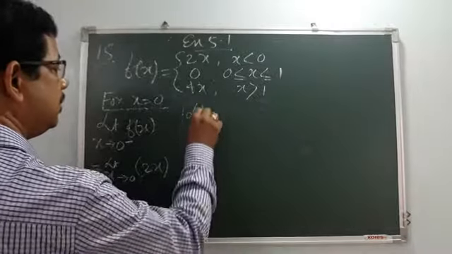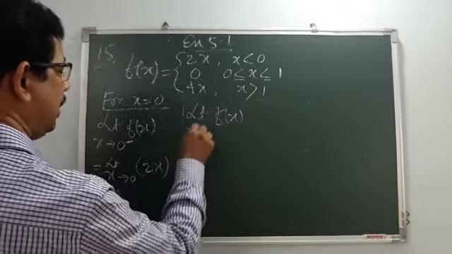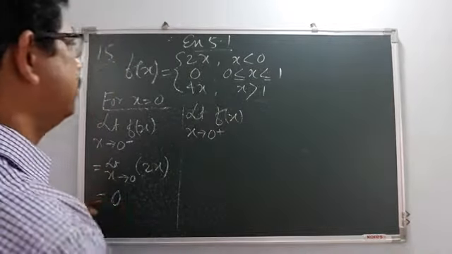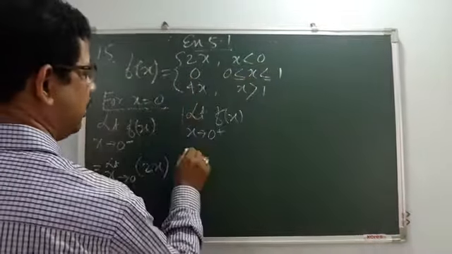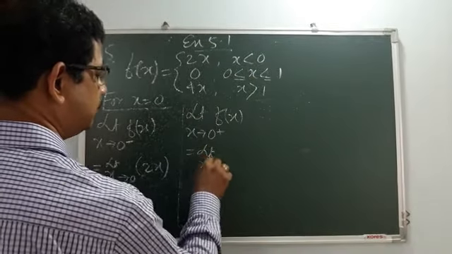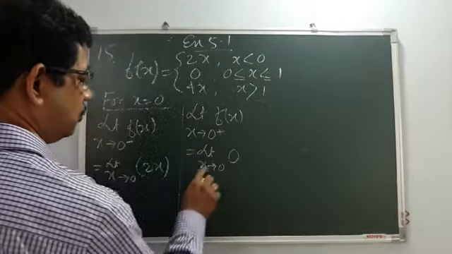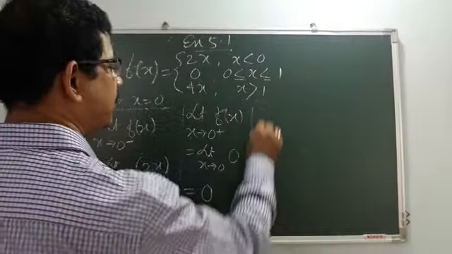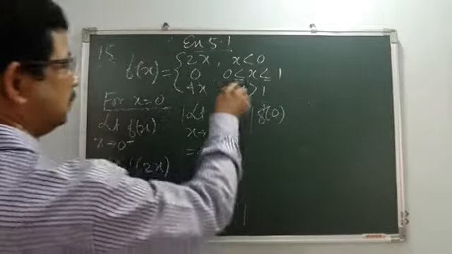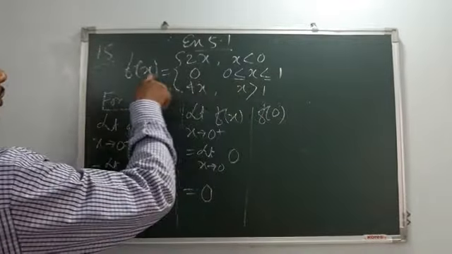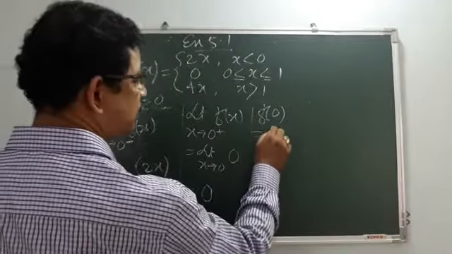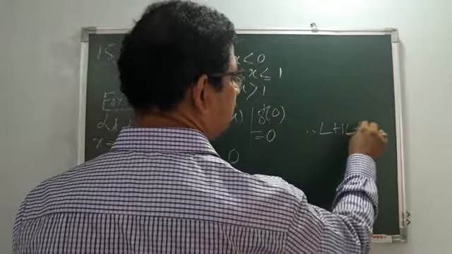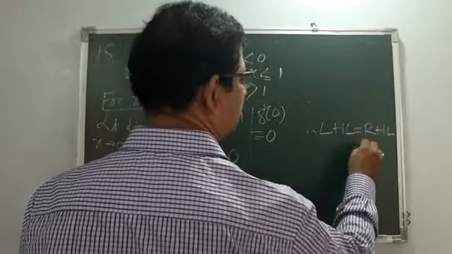Now the right hand limit, f(x) as x tends to 0 plus. 0 plus means greater than 0, so for x greater than 0, f(x) is 0. So if you take the limit, it gives the value 0. Now f(0) is what? For x equal to 0, f(x) is 0. So therefore LHL is equal to RHL is equal to f(0).